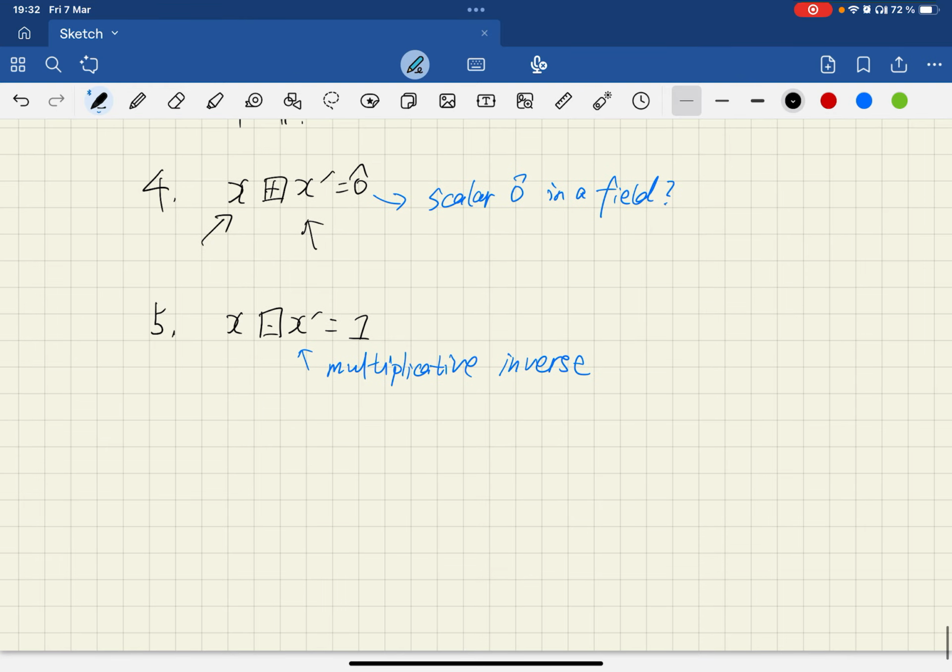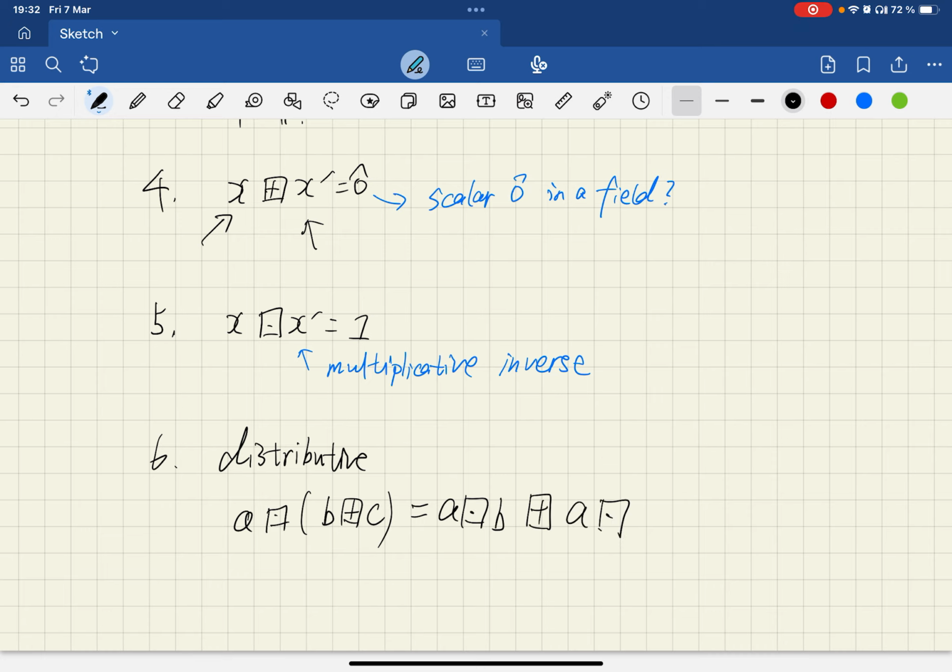And for number 6, that's distributive, which means a times (b plus c) equals a times b plus a times c.